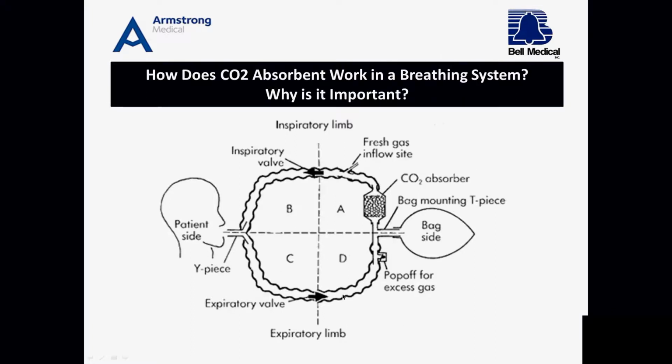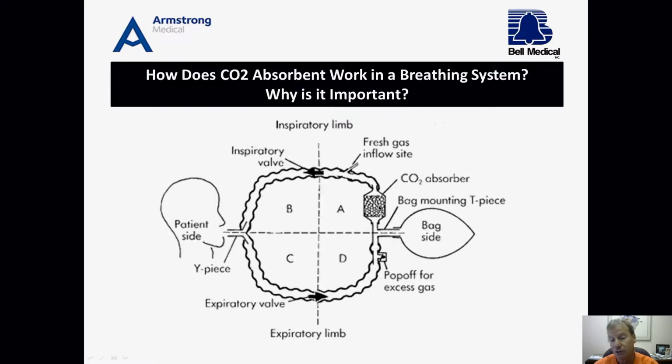Okay, so when you exhale, the exhaled gases go through the anesthesia machine again and through an absorbent canister, which is what we are selling. That absorbent canister scrubs the CO2 from the exhaled breath, and then it is returned to the patient to rebreathe. As a result, you don't have to use as much oxygen. The anesthetic agent gets inhaled, exhaled and rebreathed, and that's what the CO2 absorbent does.